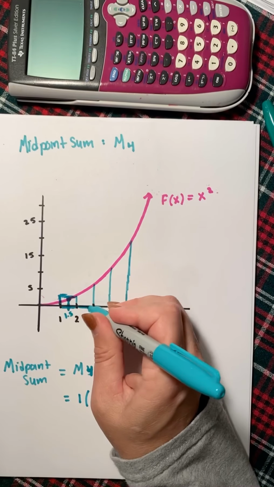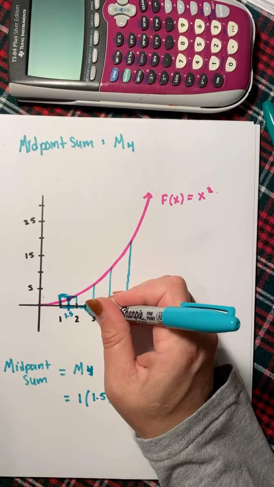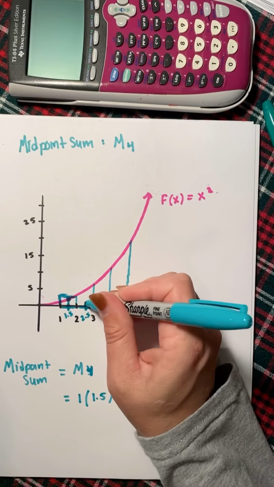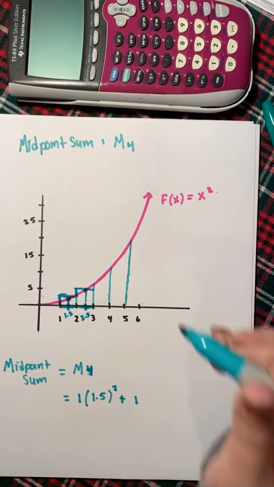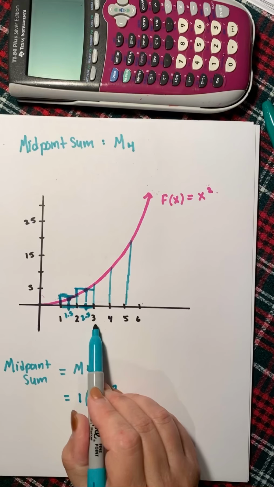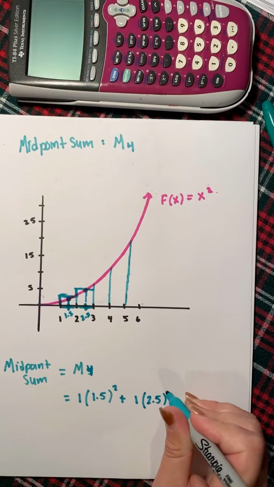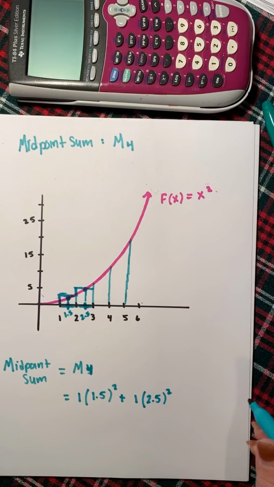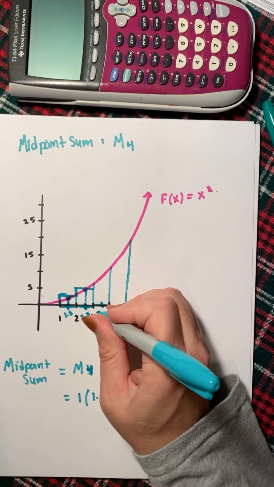To determine the second rectangle, the base is still 1, and then we're going to use 2.5, and where that meets the curve is going to determine the height of the second rectangle. So between 2 and 3 is 2.5, and to find the height, we'd put 2.5 into the given function, so 2.5 squared.